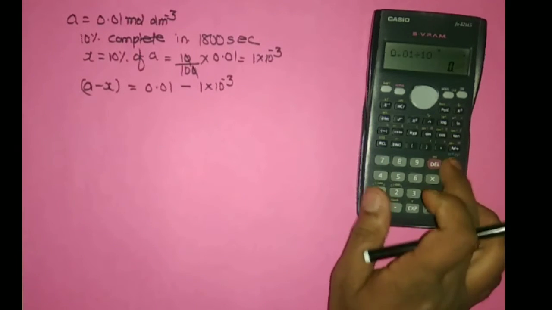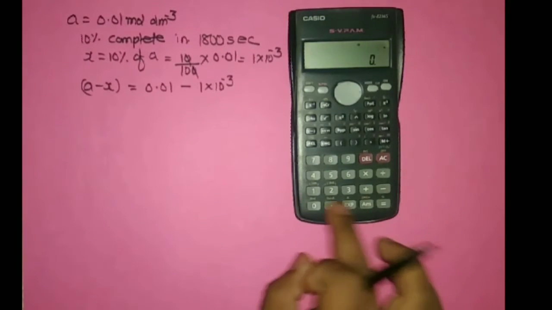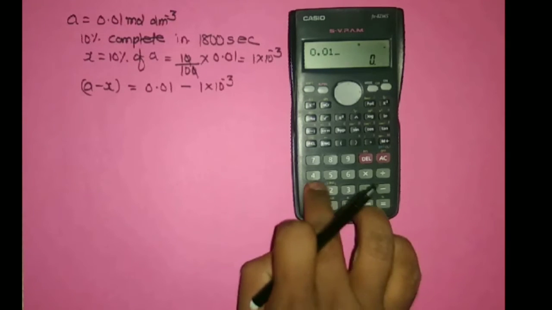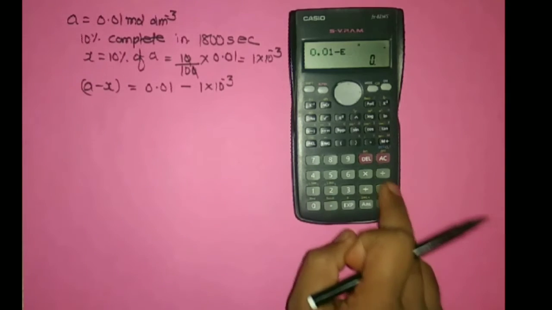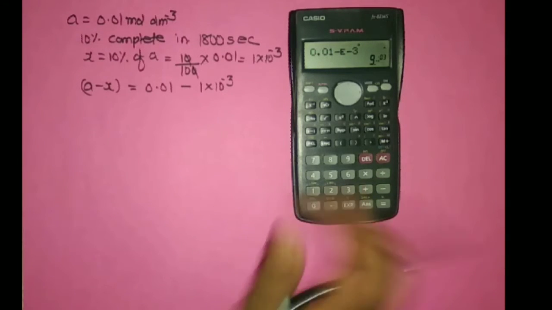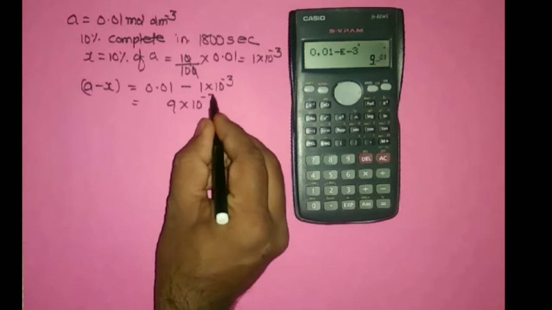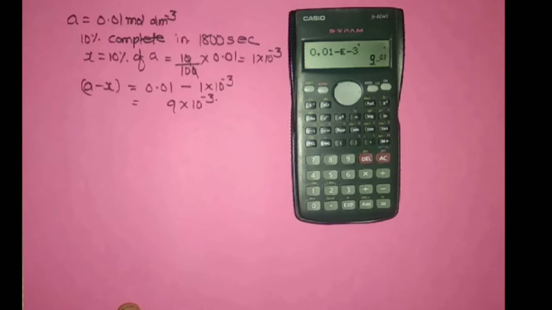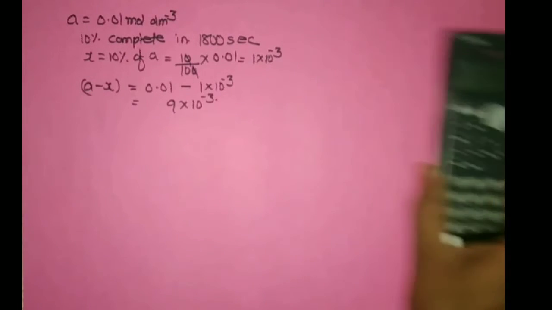Now, how to take this 10 raised to minus 3? So 0.01 minus 1 exponential raised to minus 3. So the answer is 9 into 10 raised to minus 3. So this is the value for concentration of reactant after time t.